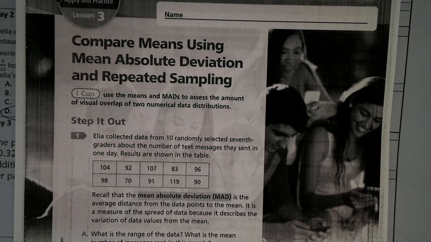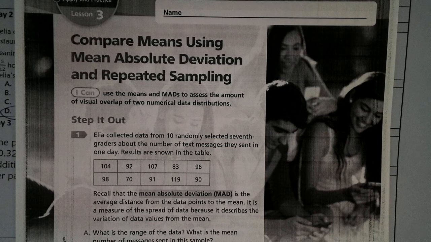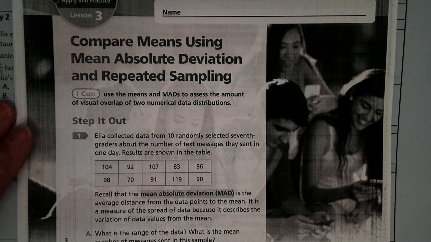All right, so today we are going to compare means using mean absolute deviation and repeated sampling. Mean absolute deviation is something I believe you were supposed to learn last year. But once again, because of COVID, we didn't learn a lot of things.